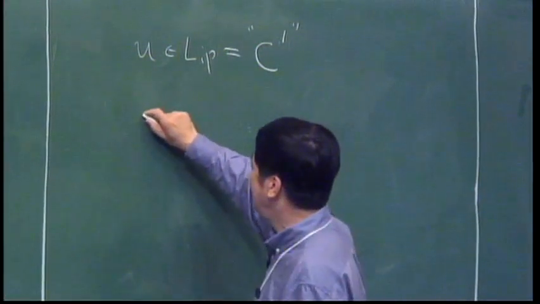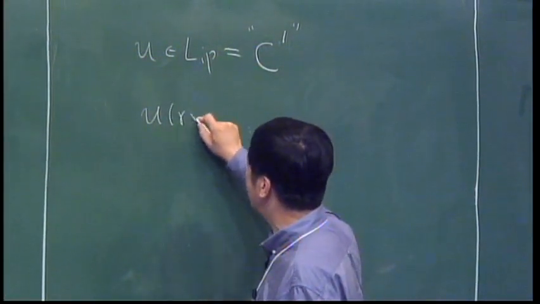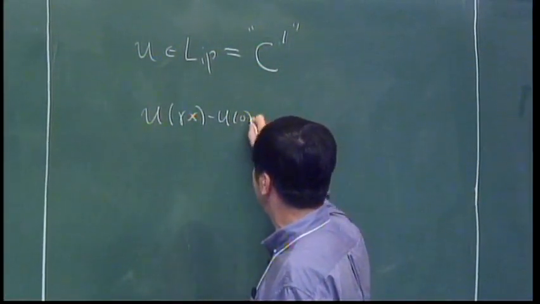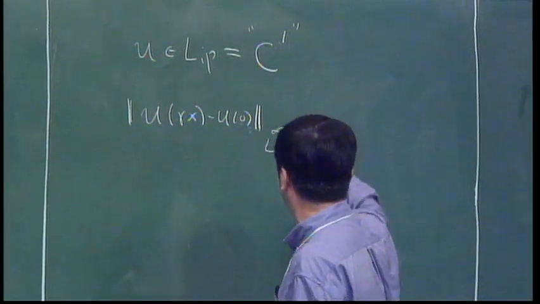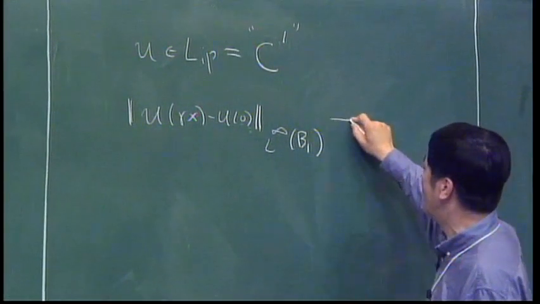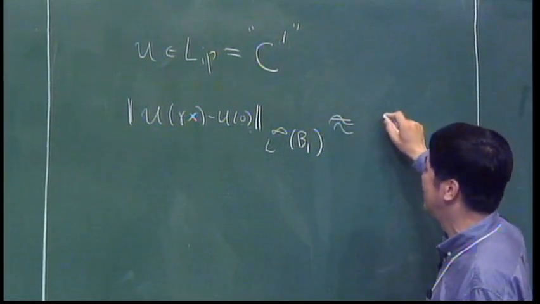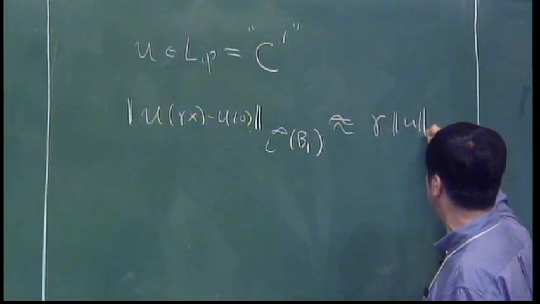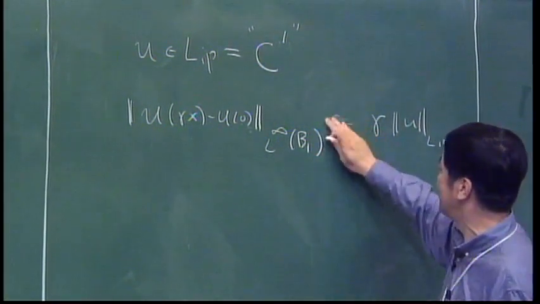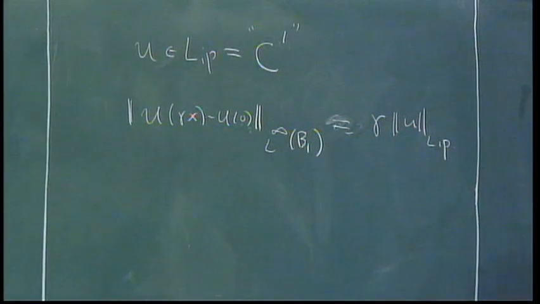So if you look at this quantity, the L infinity of ball 1 is more or less like R times U's Lipschitz norm. Right? This is the definition.